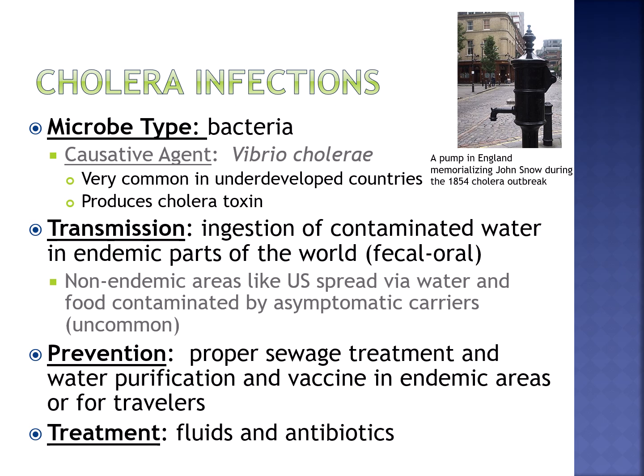So this guy named Jon Snow, different from a very popular show and book series, Jon Snow was trying to figure out why all these people were getting sick with cholera. What started this outbreak essentially in 1854? And he linked it back to where people were getting their water.